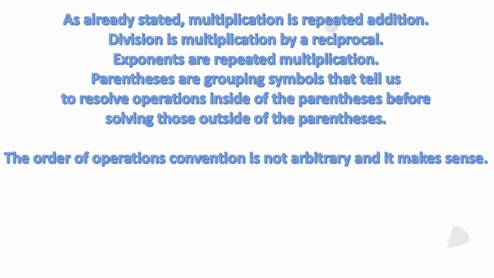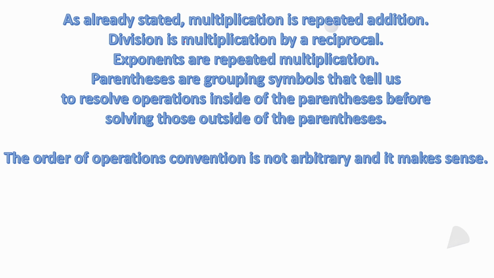So just to follow up here, as I already mentioned, multiplication is just repeated addition. Division is multiplication by a reciprocal. Then exponents, which we didn't have here, but if you did have exponents, think of them as repeated multiplication.